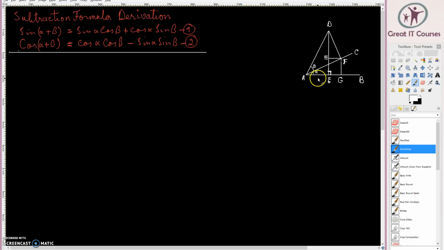Next, you know that this angle over here is alpha plus beta, then sine alpha plus beta is this length DE divided by DA.